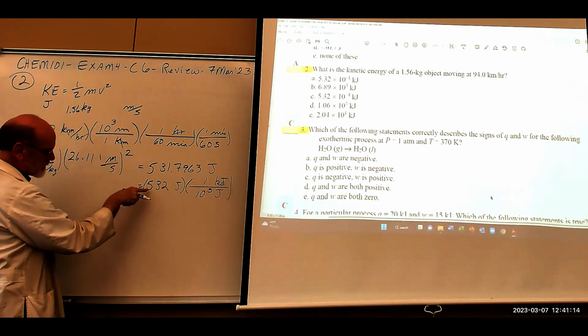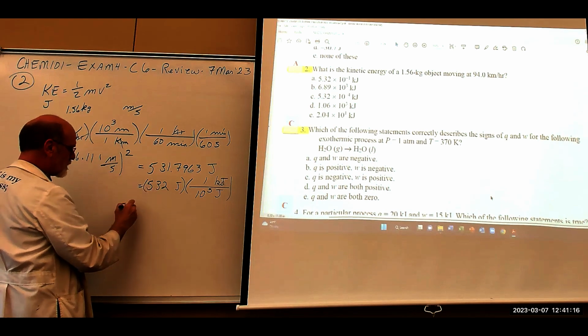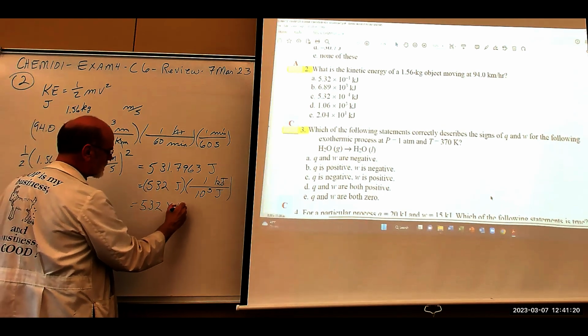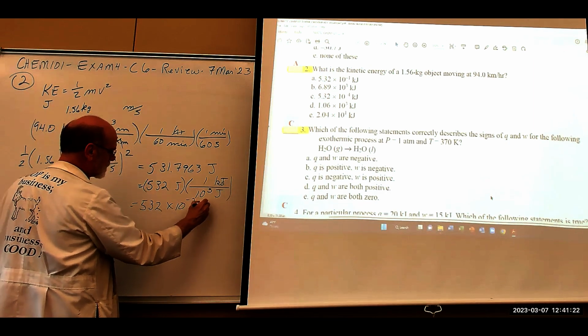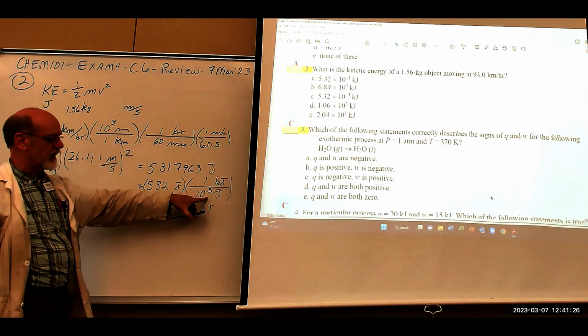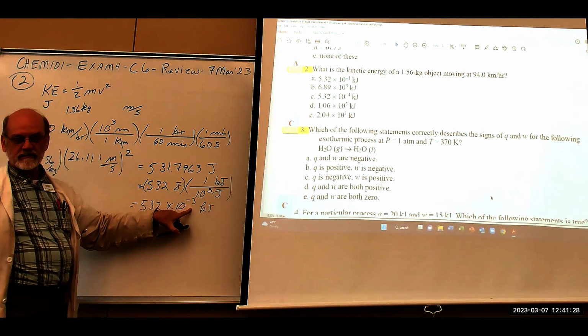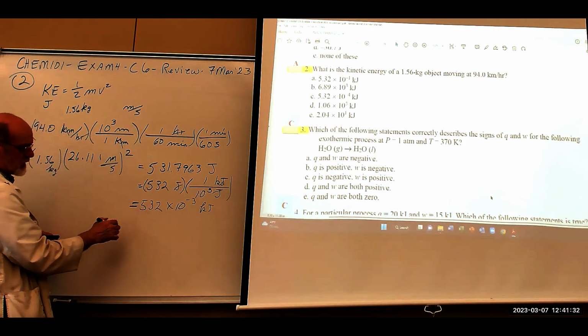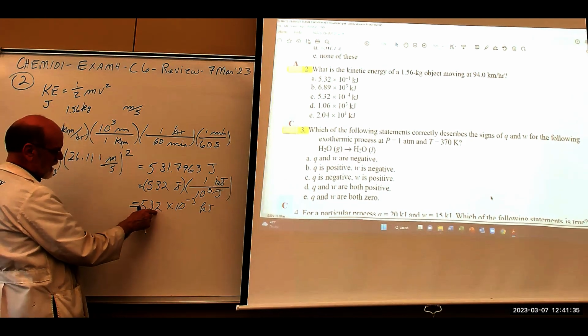So this is 532. It'd be easier this way. 532 times 10 to the minus 3 kilojoules, right? Because it was in the denominator here, in the numerator, change the sign. But we want it in scientific notation, so we move it 2 to the left.